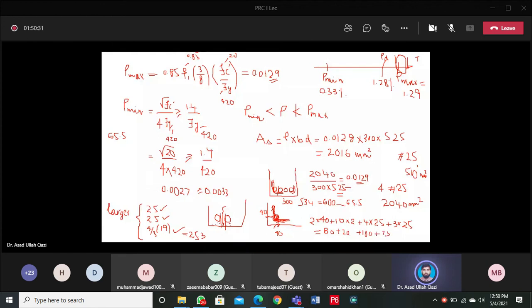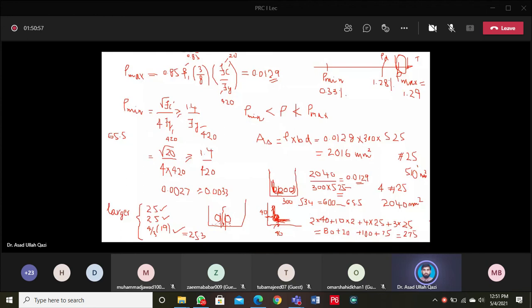So in a way, I am ending up with a dimension of 275 millimeters if I am putting 4 bars in one layer with 3 gaps of each 25 millimeter.